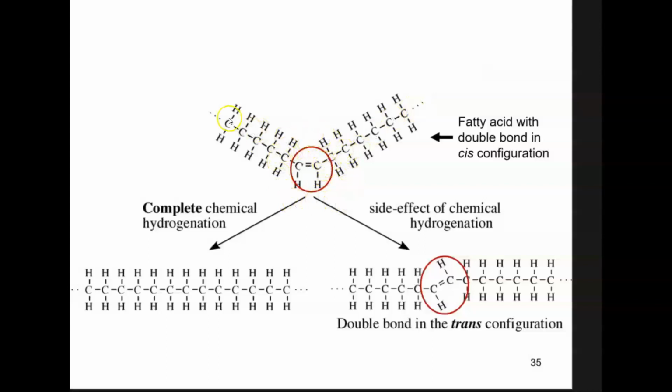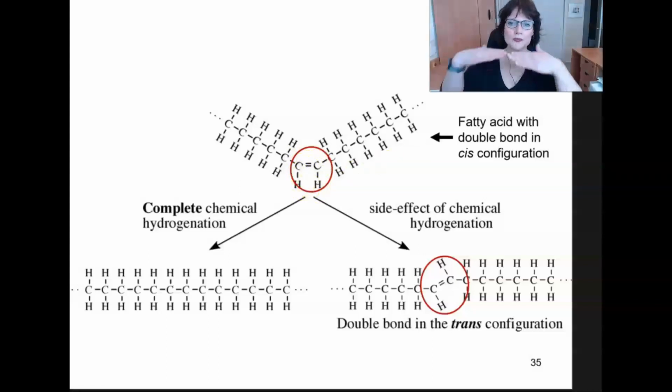This is a fatty acid chain of an unsaturated fatty acid. So you have the double bonds, and notice that for the carbons in the double bond, the hydrogens are in cis. So cis basically means same.